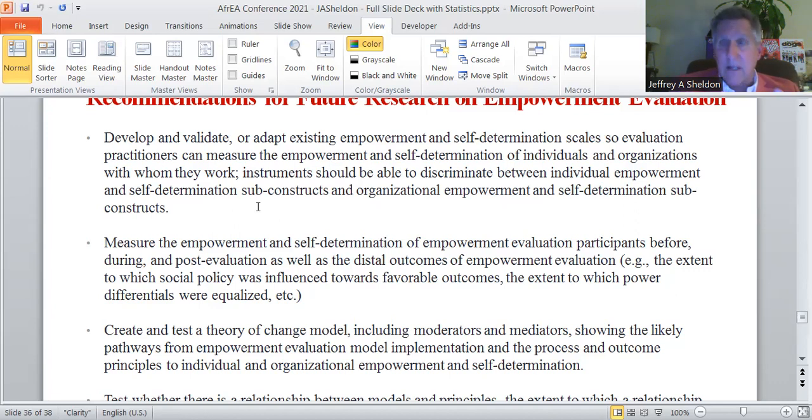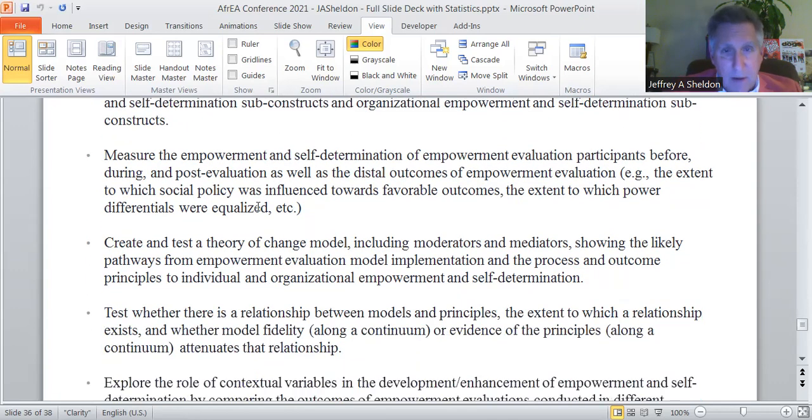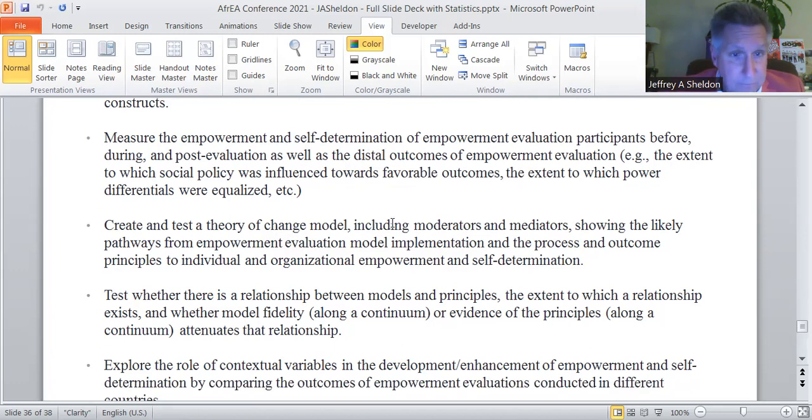So you need a tool that can discriminate between them. Measure the empowerment and self-determination of empowerment evaluation participants before, during, and post-evaluation, as well as distal outcomes of empowerment evaluation, the extent to which social policy was influenced towards favorable outcomes, the extent to which power differentials were equalized. So you need to measure that over time.